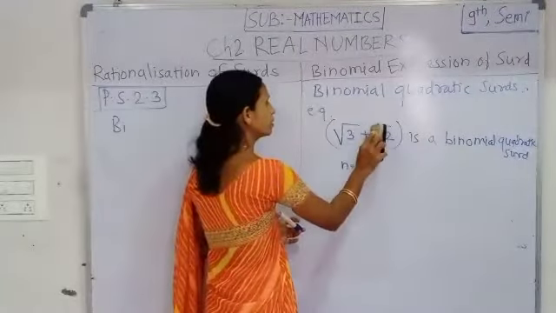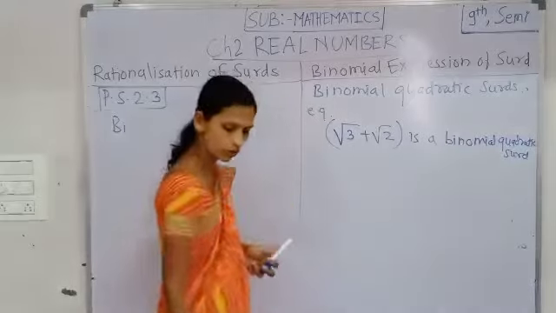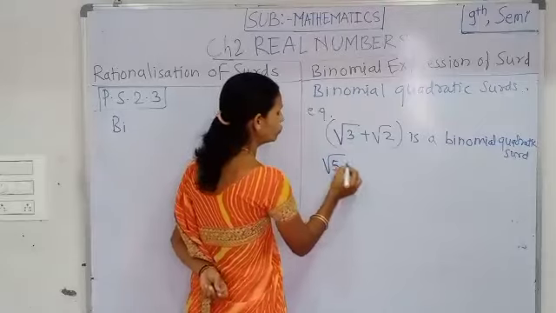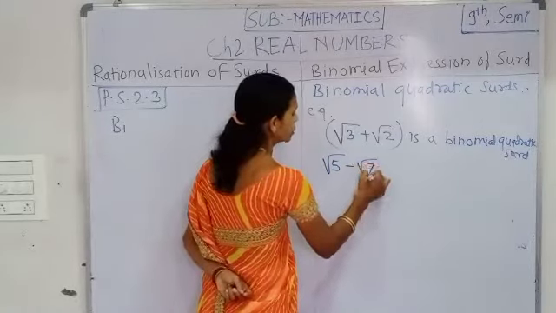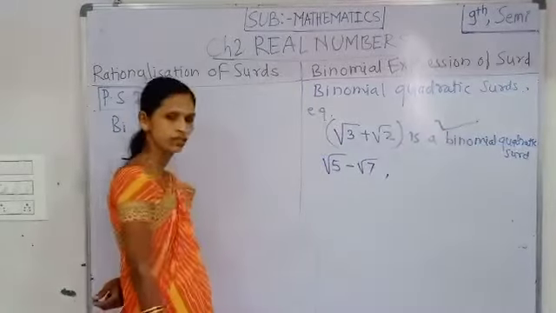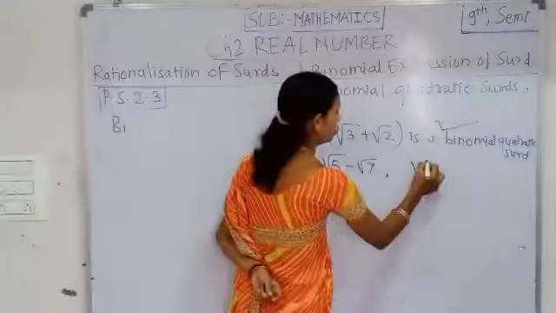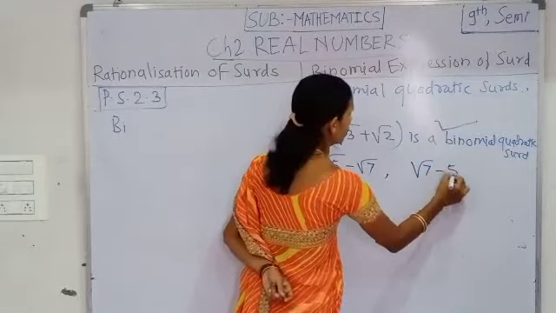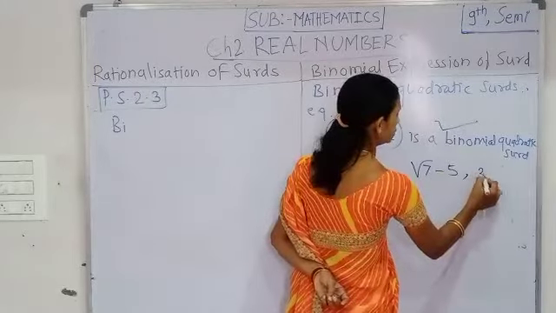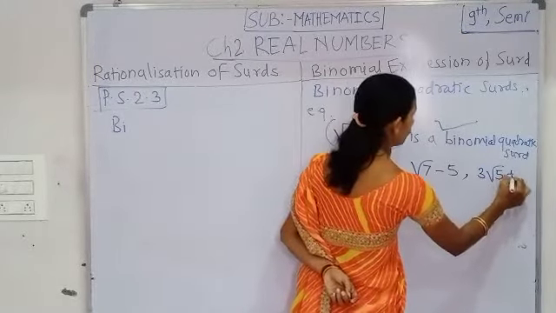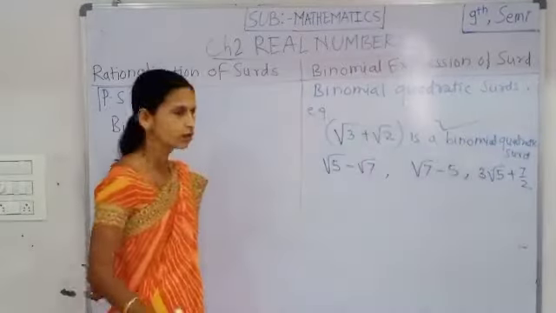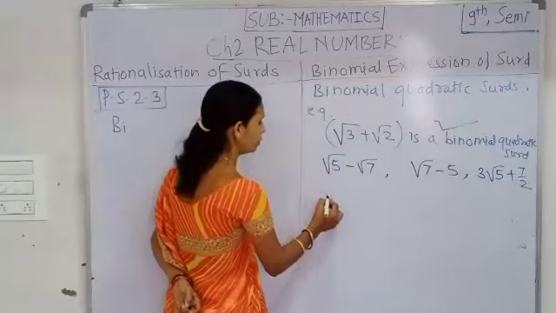Then see here, a few more examples of binomial quadratic surds: root 5 minus root 7 is also an example of binomial quadratic surds, as well as root 7 minus 5 is also an example of a binomial surd. Then 3 root 5 plus 7 upon 2 is also a binomial quadratic surd.